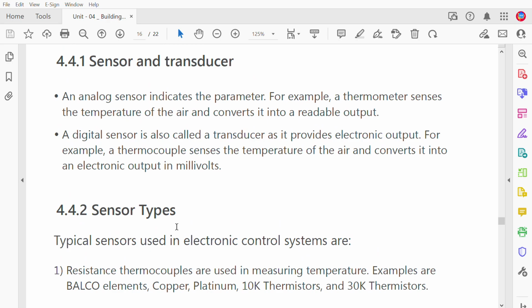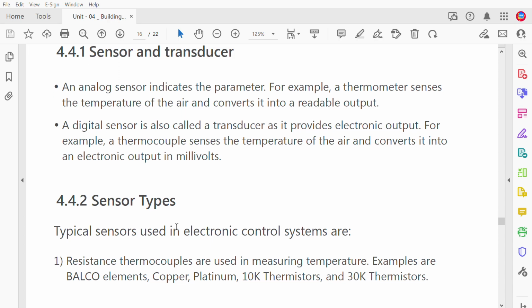So sensors and transmitters actually come in different types. A thermometer, which senses temperature, is called a temperature sensor, and then it's readable out. The readable-out portion, sometimes called a digital sensor, is also called a transducer, which provides an electronic output, converting the electronic power signal into either a millivolt signal so that you can actually read it.